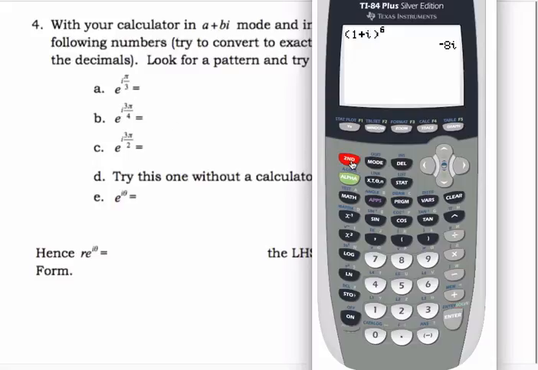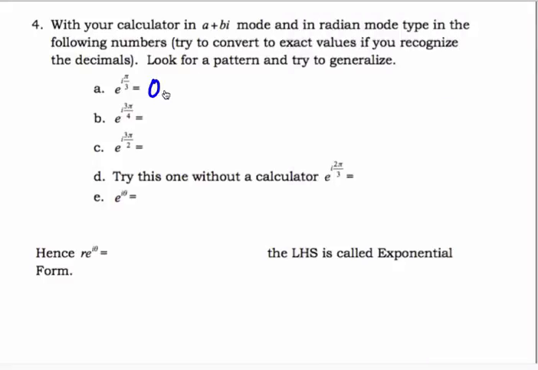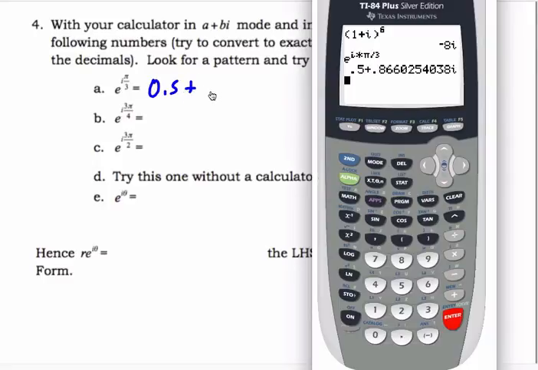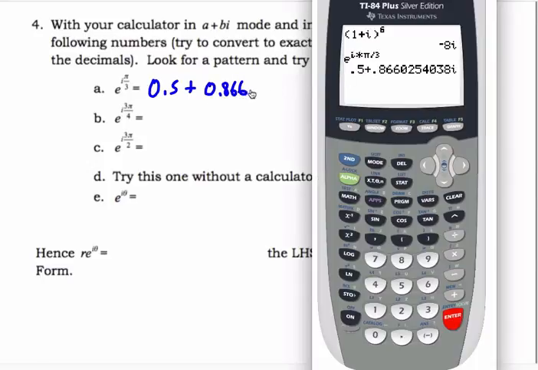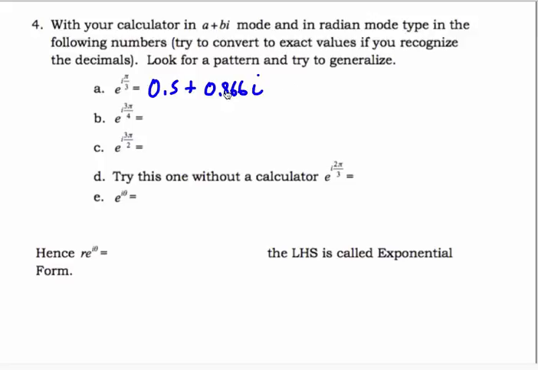Now we can type this quantity in, so e is over here, e to the power of i times pi divided by 3, and we get this quantity. So it's 0.5 plus approximately 0.866i. Okay, that's approximately equal to that using our calculator.